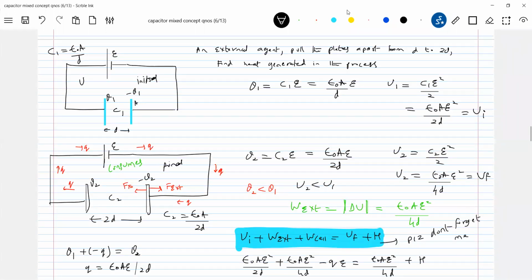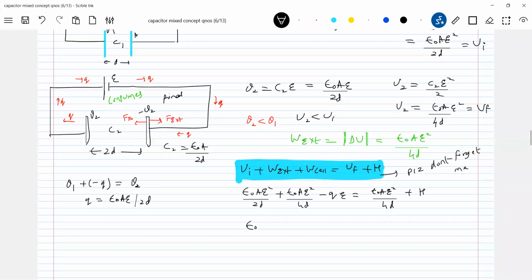Check all the values. Now look at the heat. So substitute the value of Q.